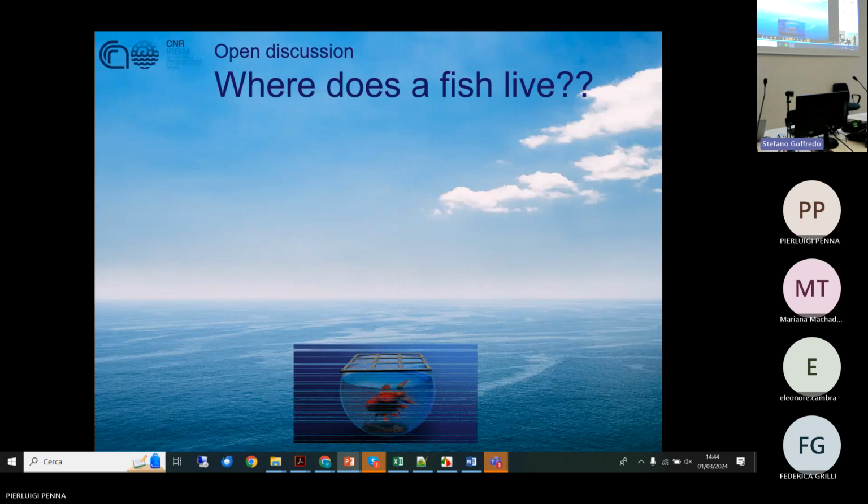So, where the fish live, is it isolated or does it interact with the environment? I made a lot of cruises with very big biologists, and they count the fish very accurately, but simply it's not used.